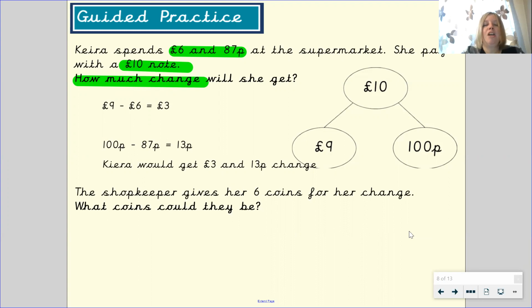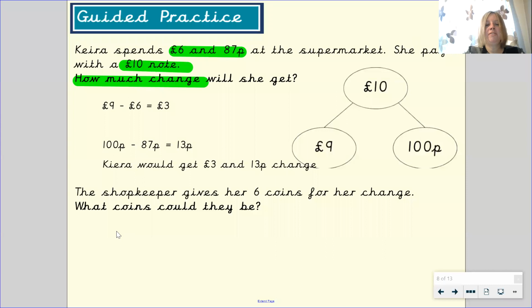What coins could they be? So you need to give Kira her change using only 6 coins. Pause the video and see if you can make £3 and 13p using only 6 coins.